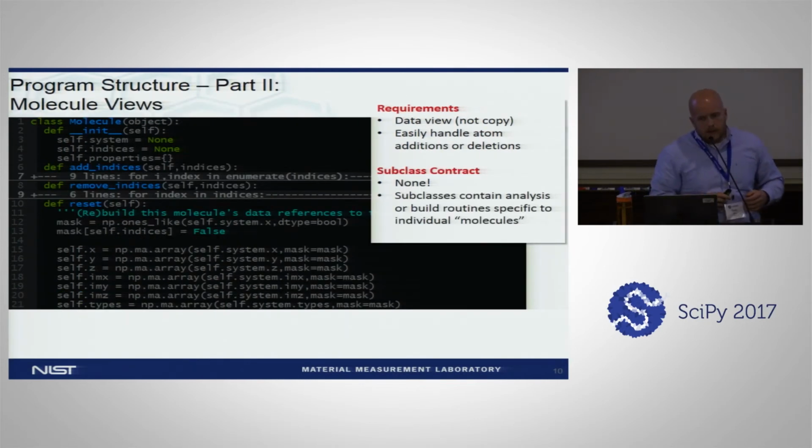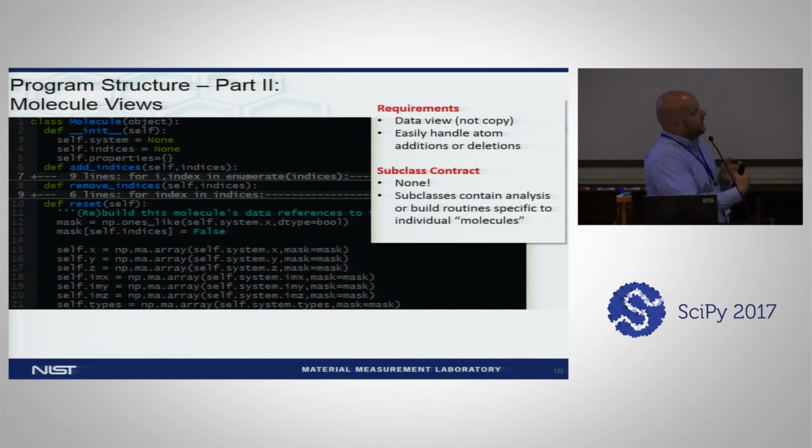I mentioned the molecule views, and another thing I identified early on that we needed in order to make this code efficient is a way to take a subset of the system class and reference chunks of the system class efficiently. The reason we need this is that in a simulation of, let's say, 1,000 or 2,000 or 10,000 polymer chains, we might need to take one polymer chain and shift all of its positions by a given amount.